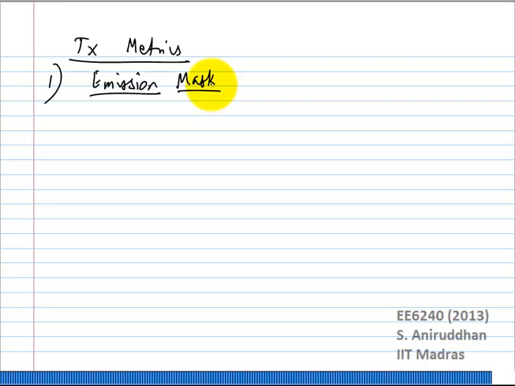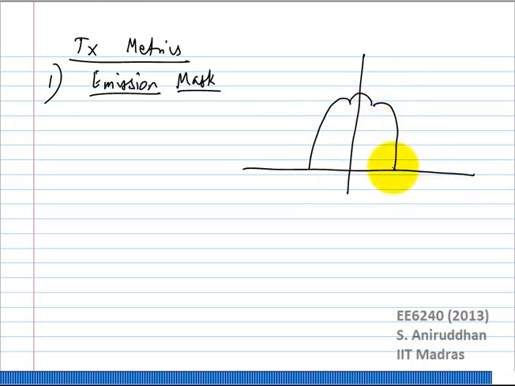Okay, so at a particular frequency, let us say your signal looked like this. You will have a transmission mask spec which may look something like this. I'm just giving you an example. Maybe there's no true emission mask which looks like this, but this is an example of an emission mask.